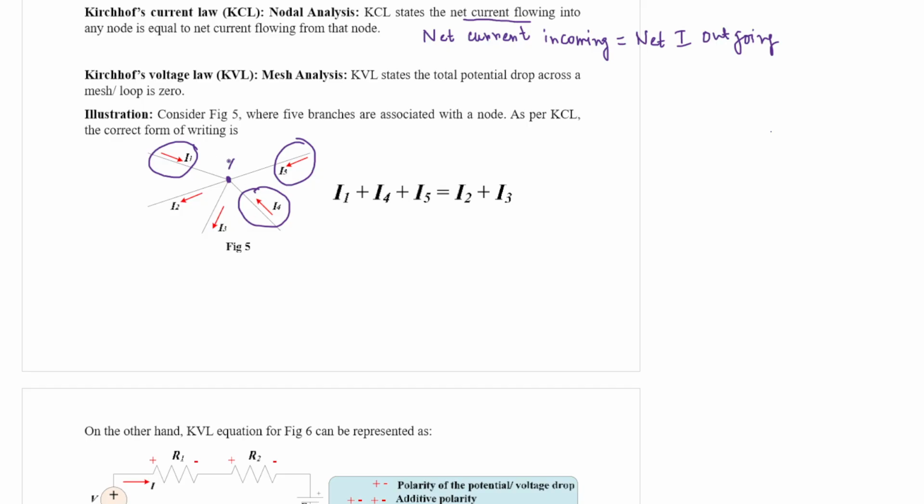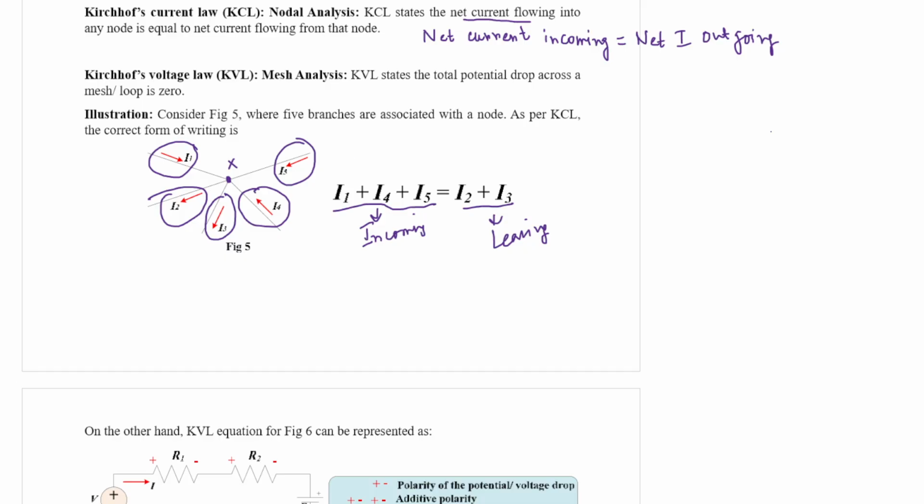Let us say this node is X. So I1, I4 and I5 are the currents entering into the node, and I2 and I3 are the two currents leaving from the node. So net current incoming will be equal to net current leaving. This is the statement of KCL.